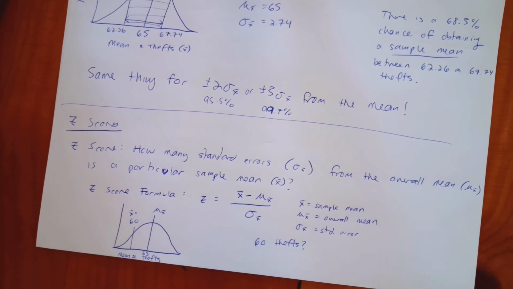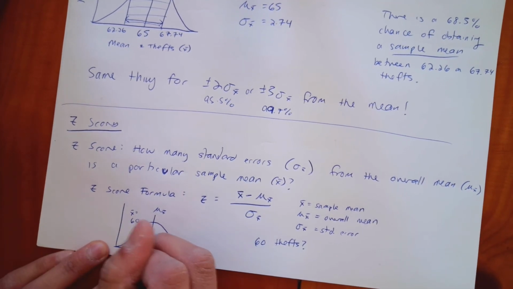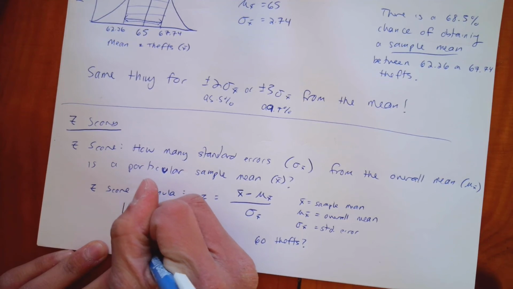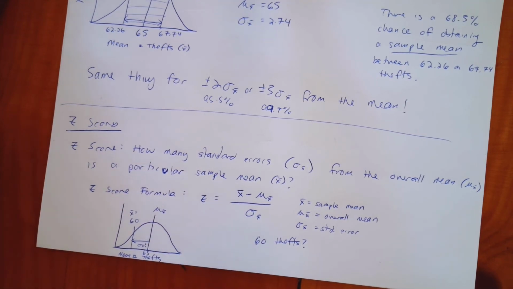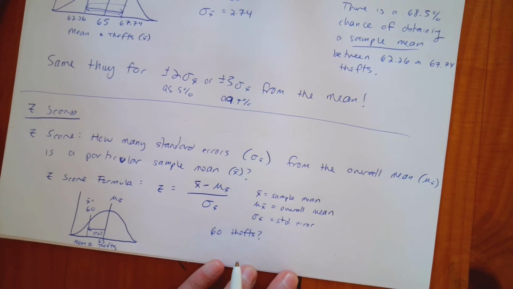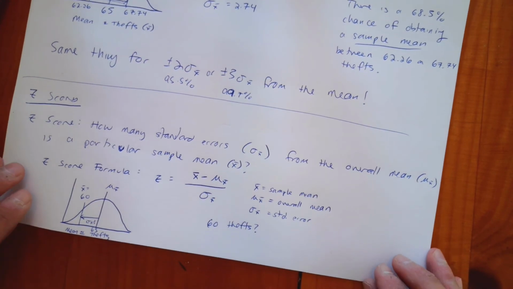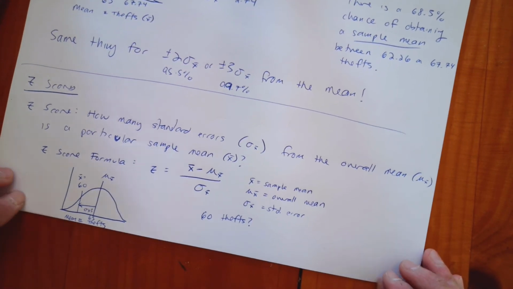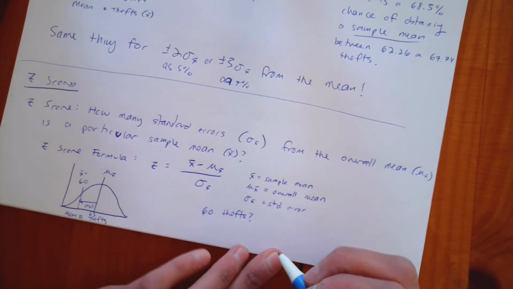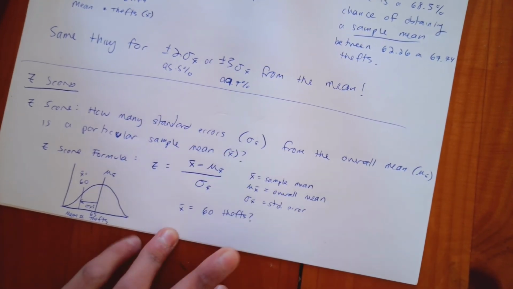So again, when we find a z-score, what it's going to tell us is how many standard errors away from the mean this is. So we can plug in these values to our z-score formula to find the z-score for a sample mean of 60 thefts.